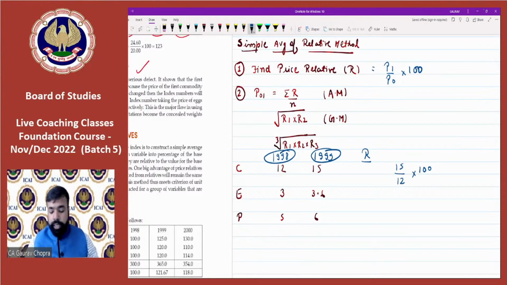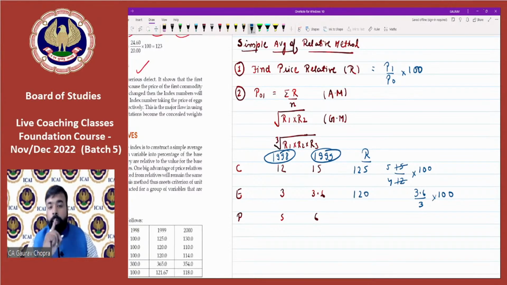So how much we are getting? We can calculate. Cancel by 3, 5 upon 4. So 25 into 5, it becomes 125. Similarly, for second figure, 3.6 upon 3 multiplied by 100, we are getting 120.